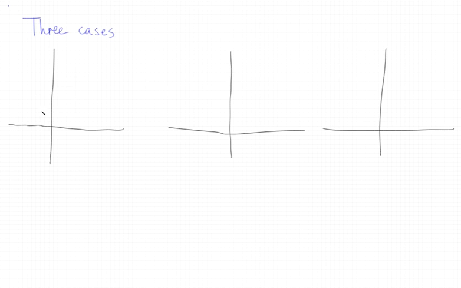When the straight line looks like this, we have a positive gradient, so the k value is greater than 0. We talk about positive gradients. When the straight line looks like this, the k value is less than 0.